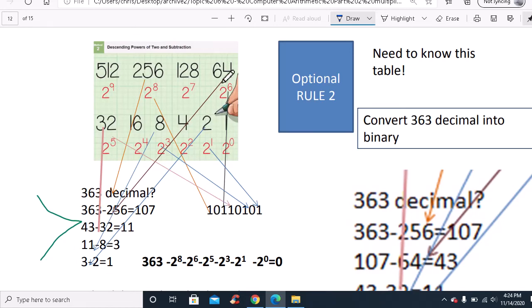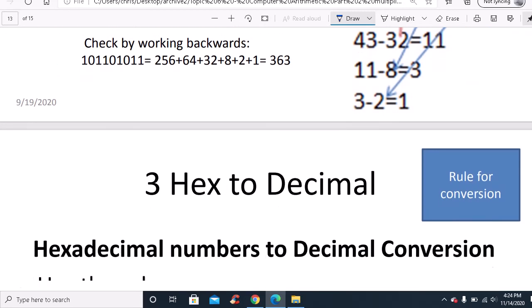But I could take 64 away from the result of taking 256 away. That's 2 to the power of 6. So this is 1 lot of 2 raised to the power of 6, and so on. That's where I got this binary number from. This is the equivalent. So, let me know if you have any problems with this.